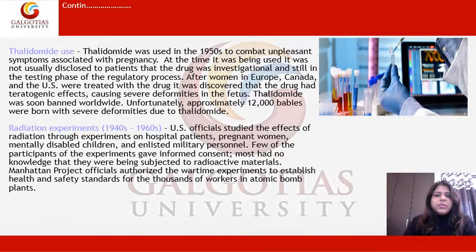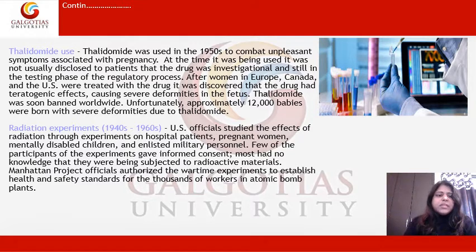After women in Europe, Canada, and the US were treated with the drug, it was discovered that the drug had a teratogenic effect, causing severe deformities in a fetus. Thalidomide was soon banned worldwide. Unfortunately, approximately 12,000 babies were born with severe deformities due to thalidomide.